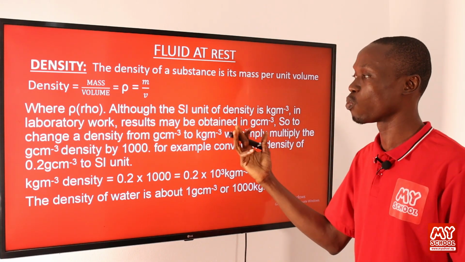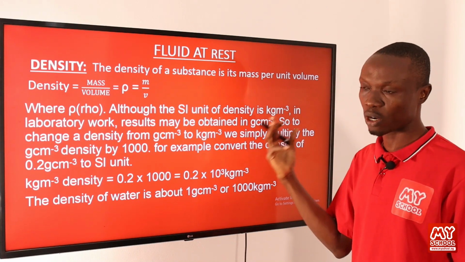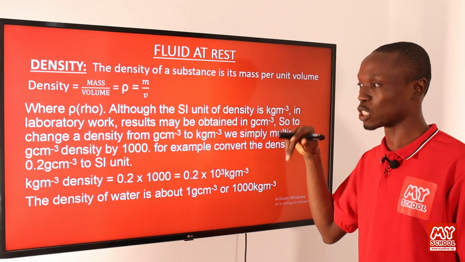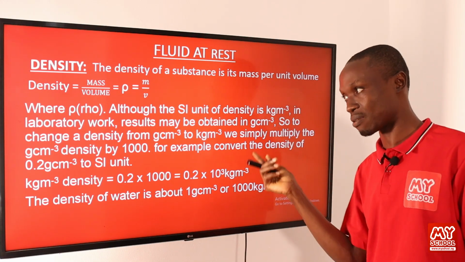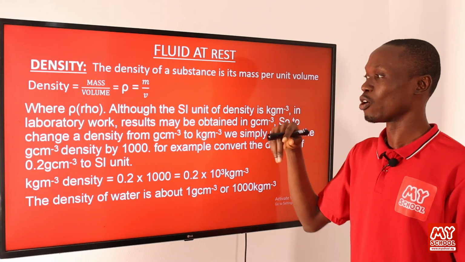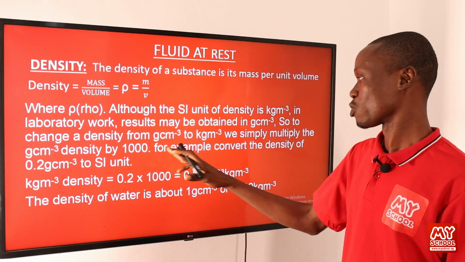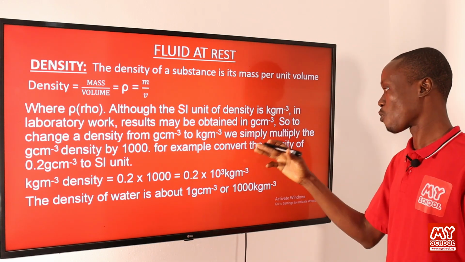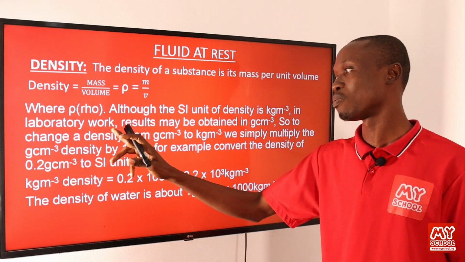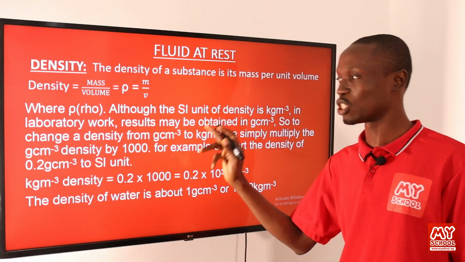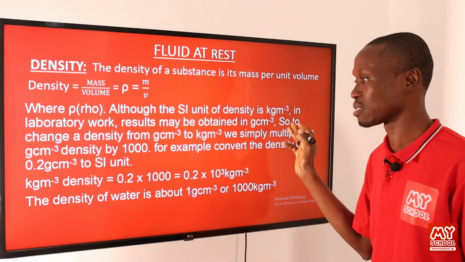That is how we convert the density given in gram per centimeter cube to kilogram per meter cube. For example, if we are to convert a density of 0.2 gram per centimeter cube to its SI unit, which is kilogram per meter cube, we simply multiply by 1000.